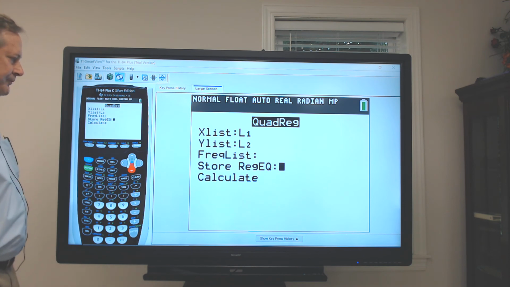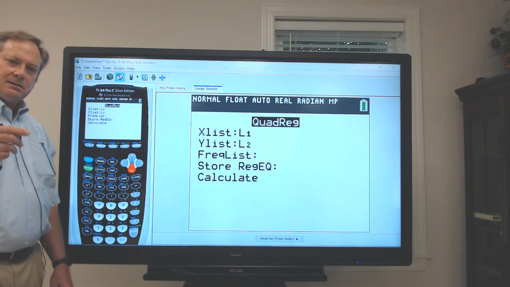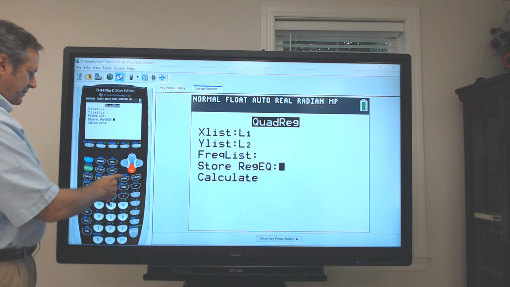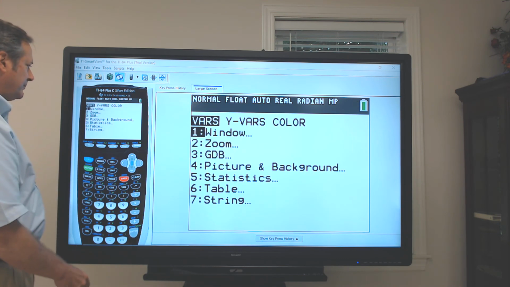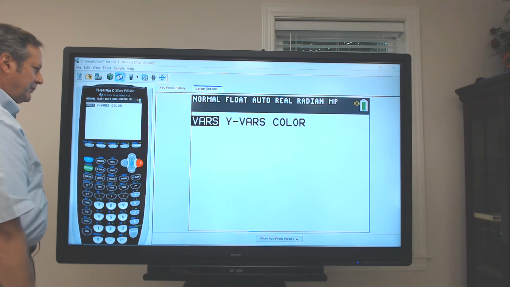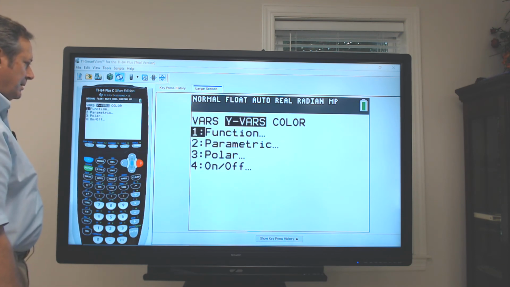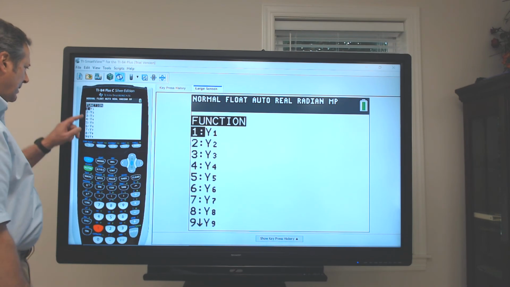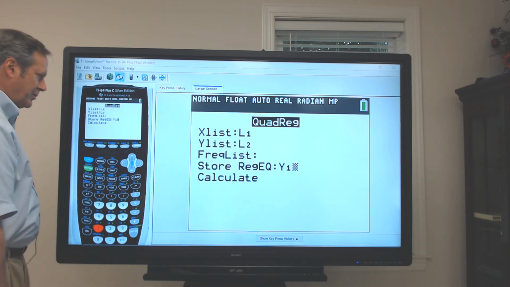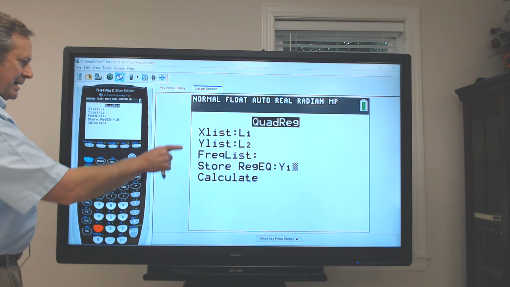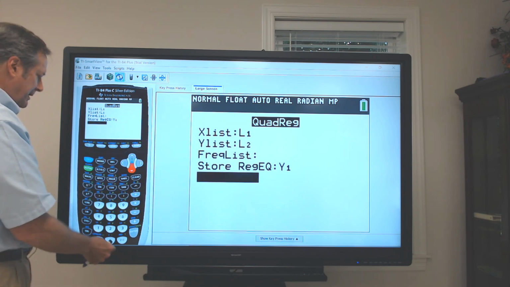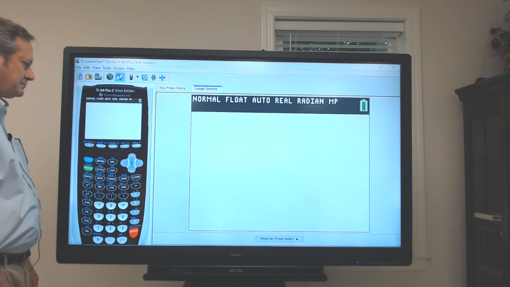Now I need to tell the computer to put it in y sub 1. But in order to do that, you go to vars for variables, over to y vars, number 1 function, and we're going to put it in y sub 1. So I hit number 1 again. Now, I've told it where to store the regression equation, and now I hit enter to calculate.